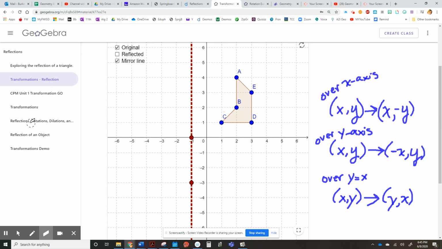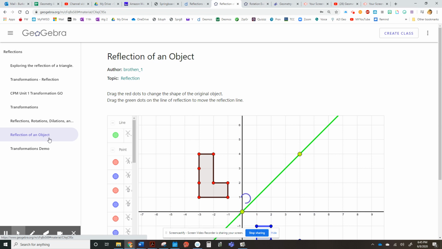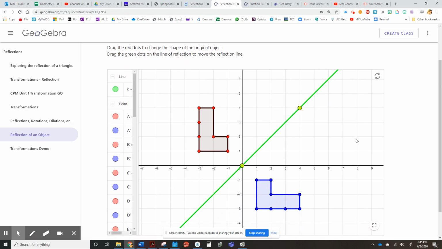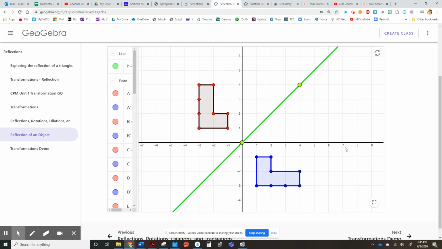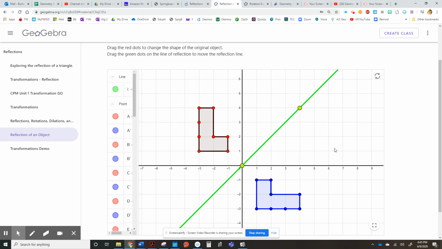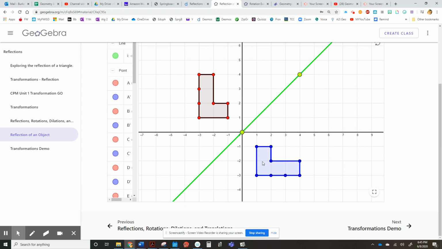Okay, there is another one right over here, reflection of an object. And this one is very similar. I don't think that you can turn the images off here. This is the pre-image, and this is the image, or vice versa. It doesn't matter which one you consider the original.